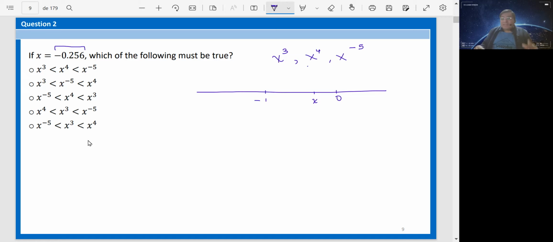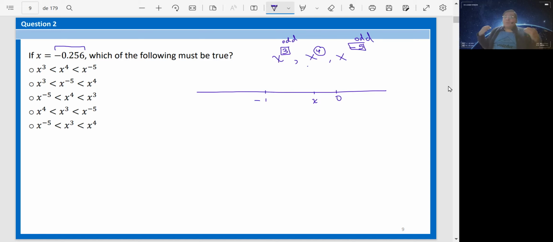Well, a negative decimal when raised to an exponent that is, for example, even, automatically becomes a positive number. While x to the 3 and x to the negative 5 are powers that include odd exponents.